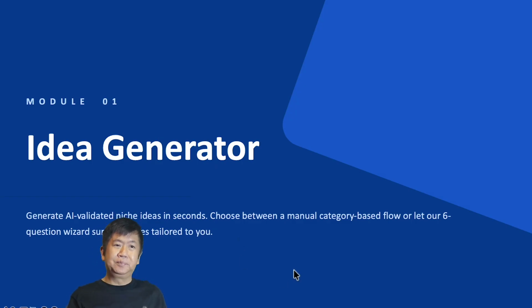Idea generator. There are two pathways that I have put together. You have a category-based pathway, which means these are for people who have a clue or familiarity with a certain category and you want to drill down and narrow down to a niche.